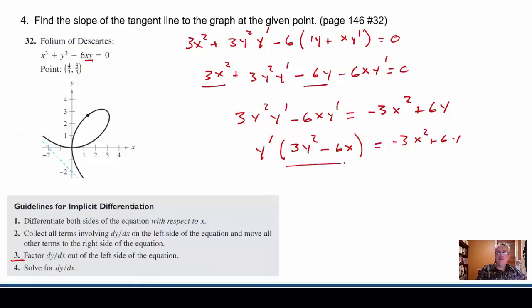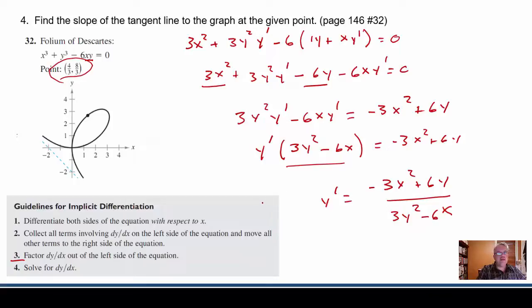Then we divide both sides by that, and we get y prime equals minus 3x squared plus 6y divided by 3y squared minus 6x. Sorry, it's supposed to be an x there. Now, we're supposed to find the slope of the tangent line at this point.